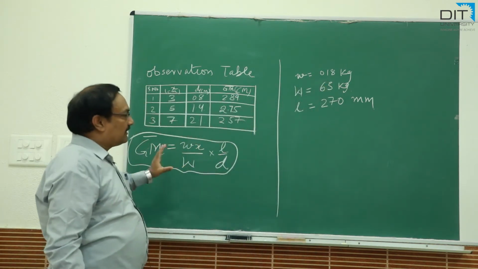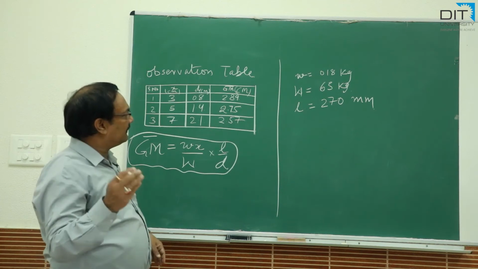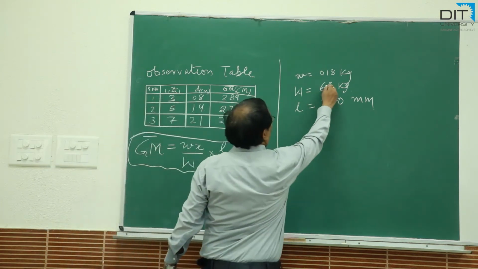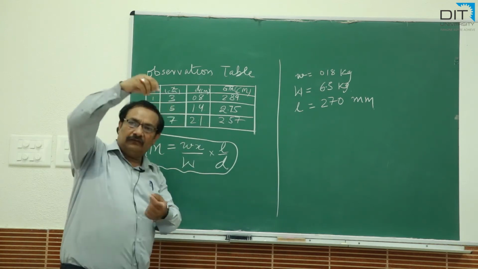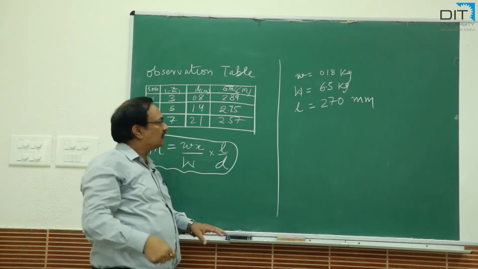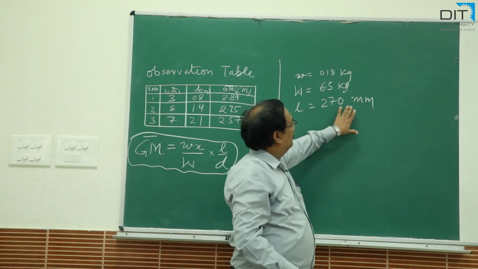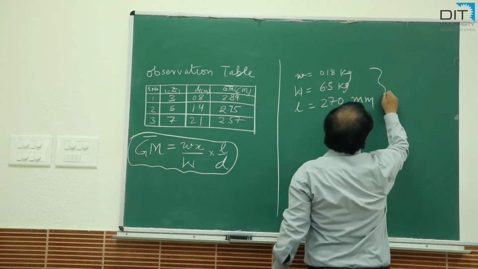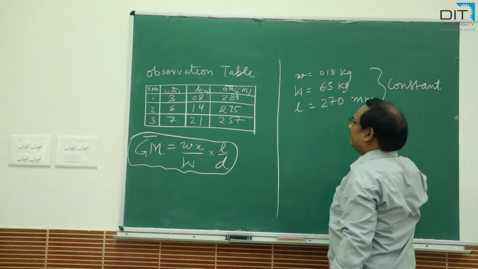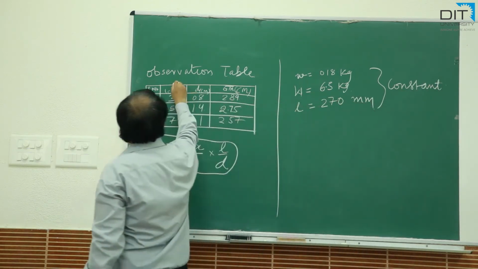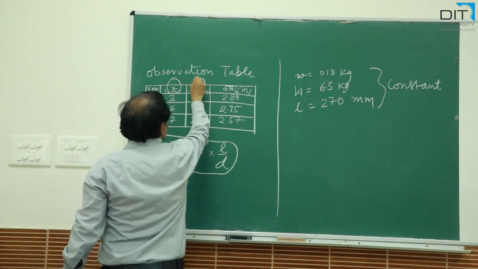Capital W is the weight of the ship, and in our case it is 6.3 kg. L is the length of the string, and that is constant, 270 mm. These three things are constant. Only variable things are x and d.